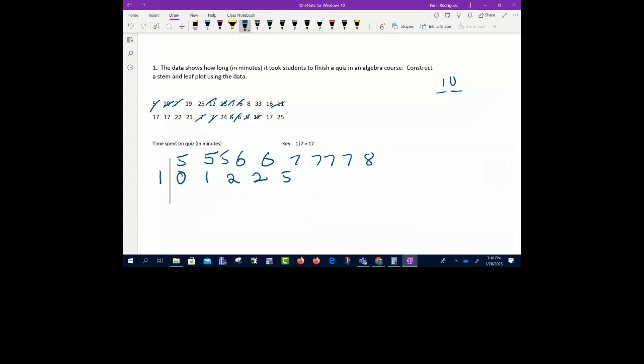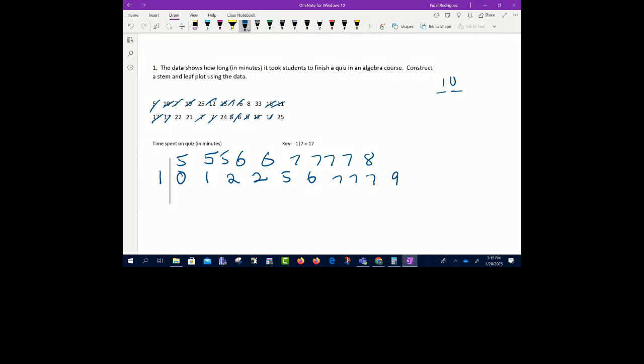Any 16s? Right there, there's a 16. 17s? It looks like we have 3. 1, 2, 3. Any 18s? No, but we have a 19.